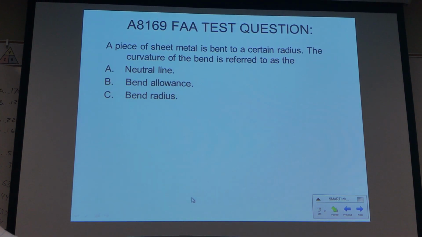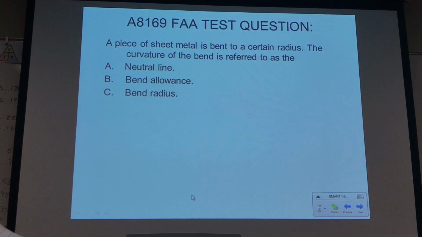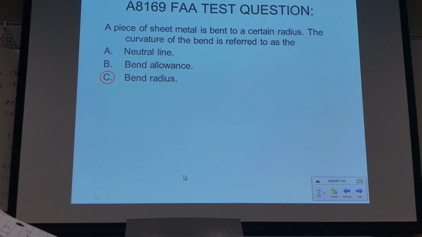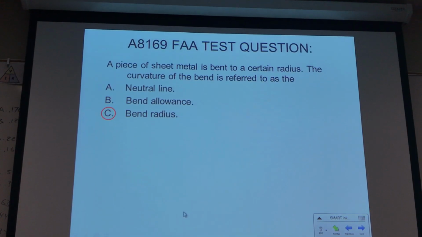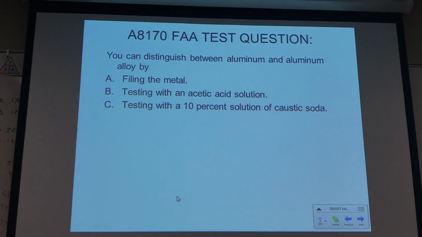It's not written the way that I would write it, but pick the best answer. It's really the arc. What are they referring to? Oh, bend. The radius, yeah. I think that's it for that.